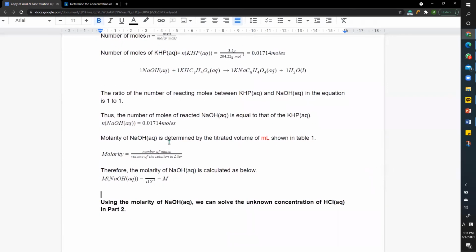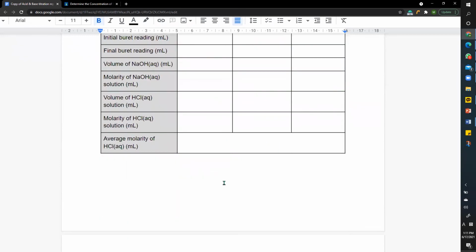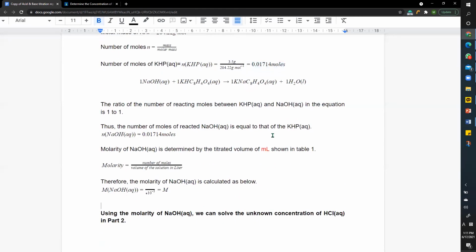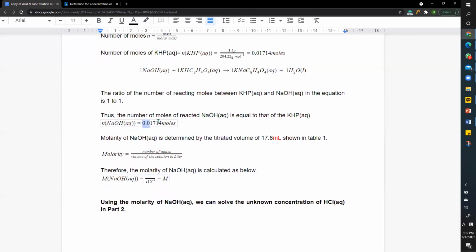Then the molarity of NaOH solution is determined by the titrated volume, what milliliter did we say? 17.8. 17.8 milliliter in here, shown in table 1. Molarity, number of moles. We solve the number of moles, which is equal to the number of moles of KHP. We copy this one.